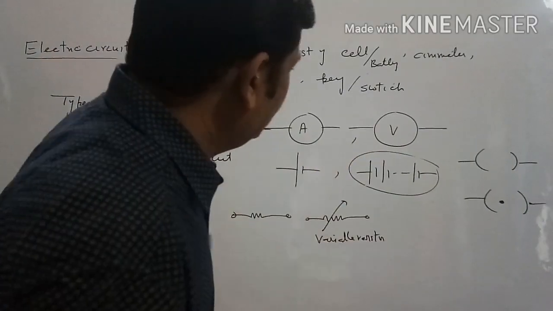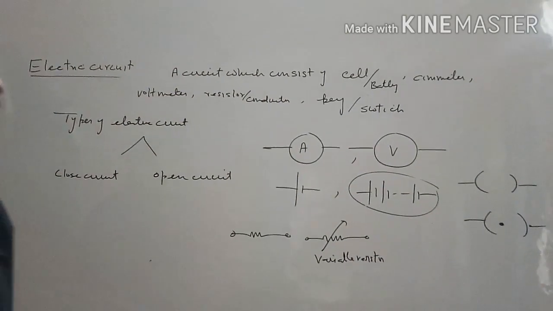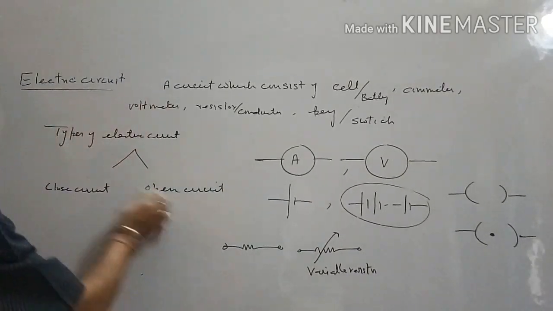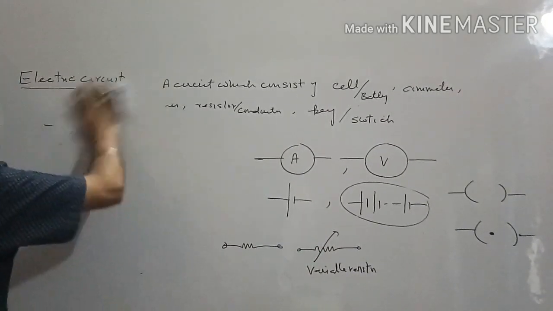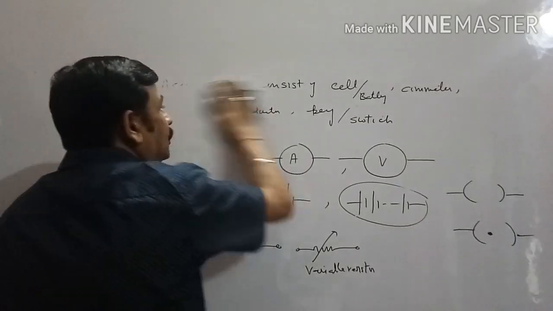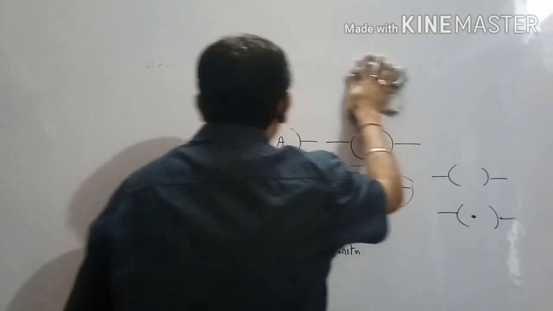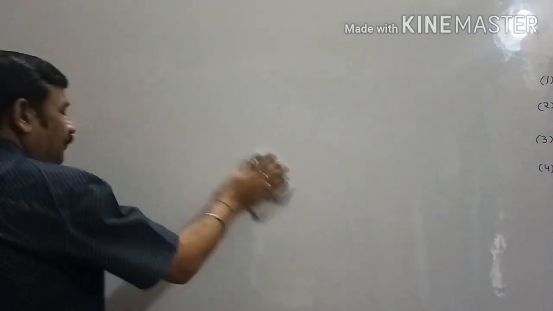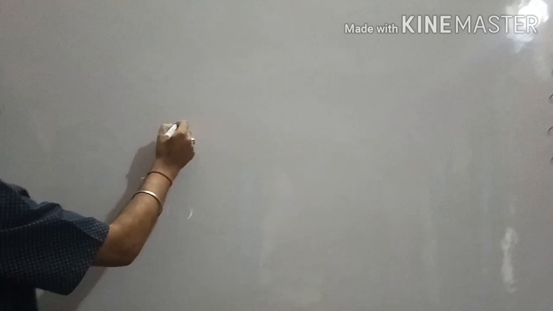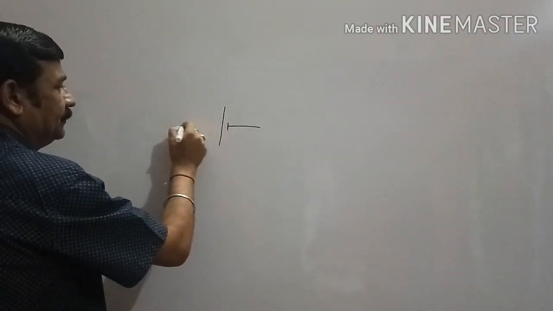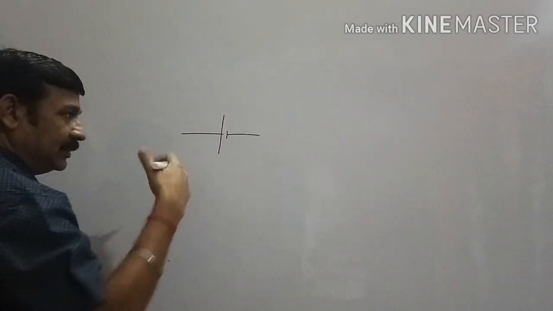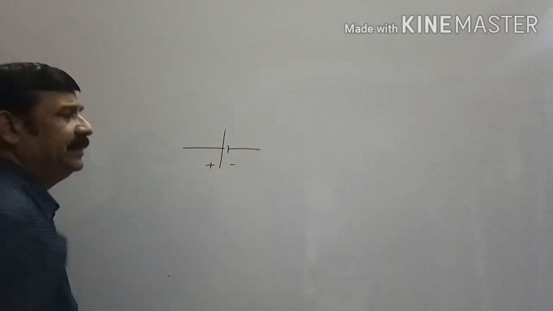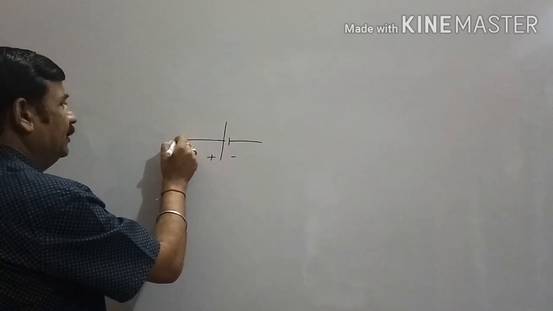Now always remember, ammeter is connected in series in the circuit and voltmeter is connected in parallel. So if we have to design the circuit, how do we design it using these parts? It's very simple. We take cell or battery. We discussed that this represents the positive terminal or positive potential, and this represents the negative terminal of the cell or battery.